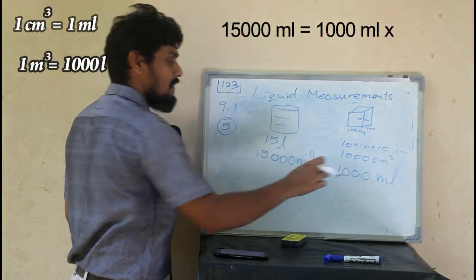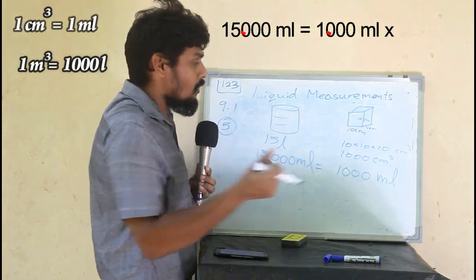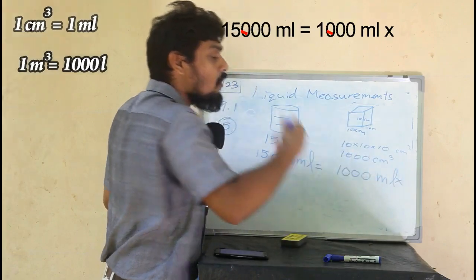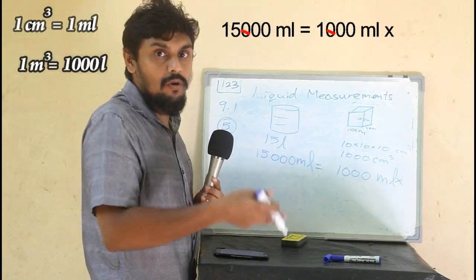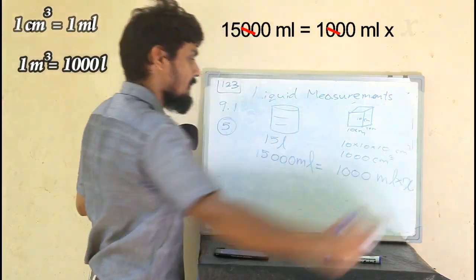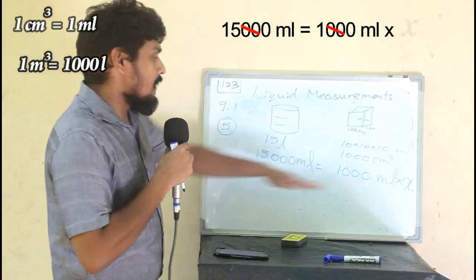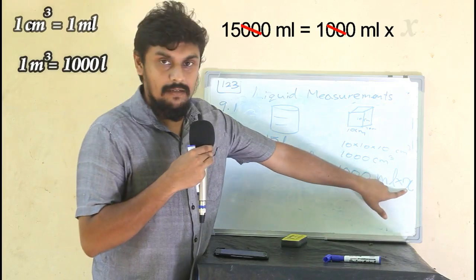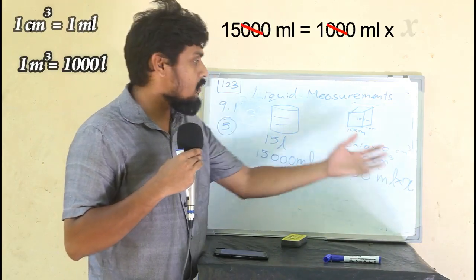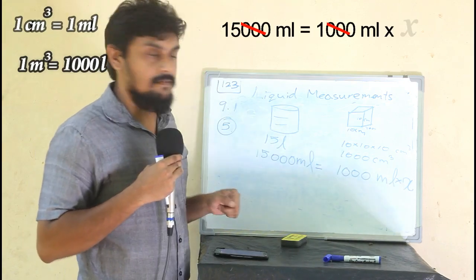So very easy. How many times, you don't know. So the unknown thing, you can write x times 1000. How many times? x times.